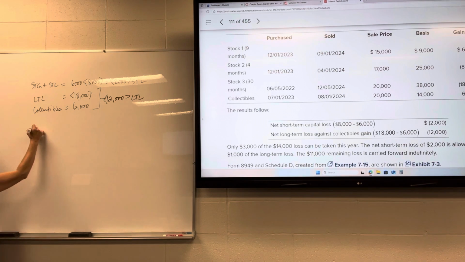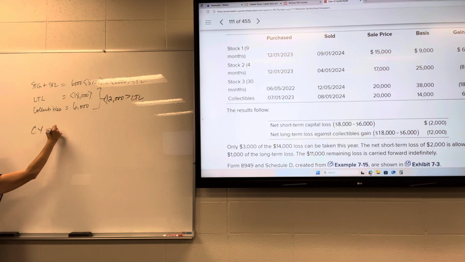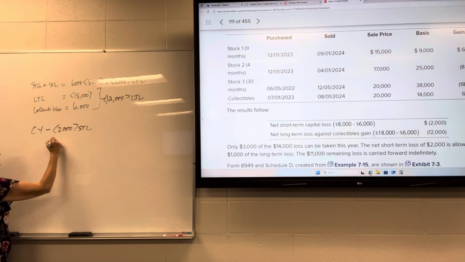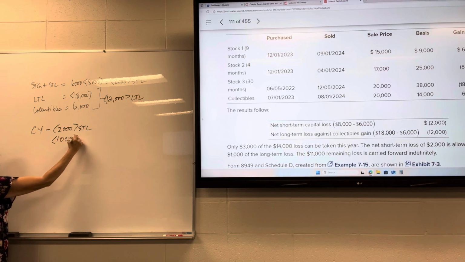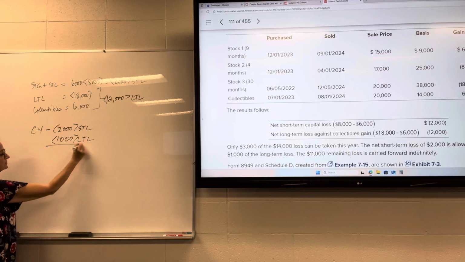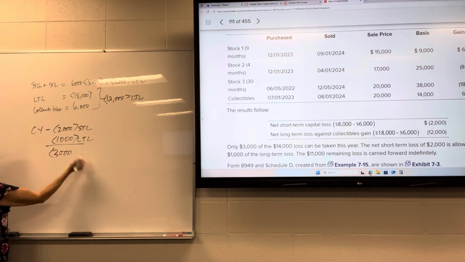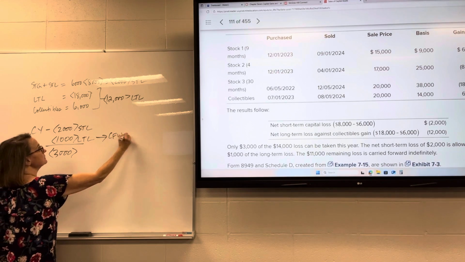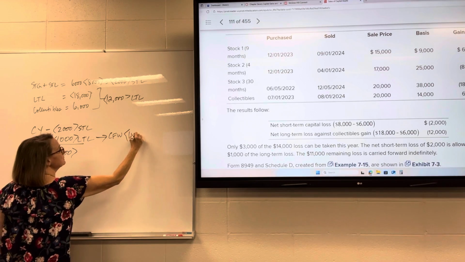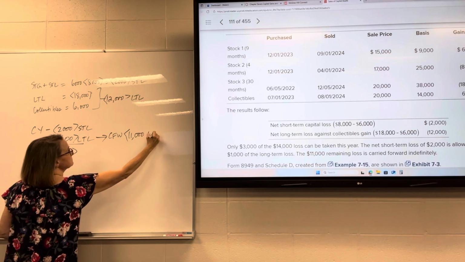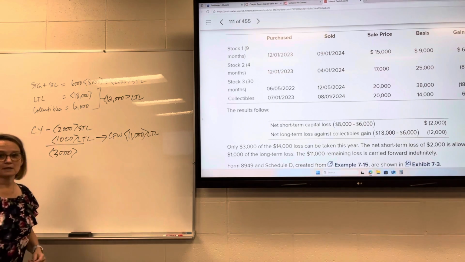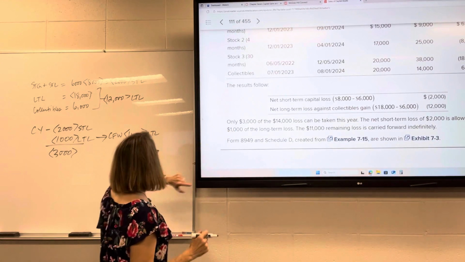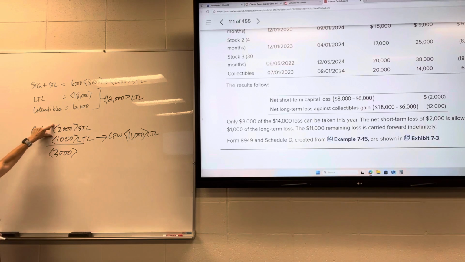What we're going to do in the current year is take the $2,000 short-term loss and we're going to take $1,000 long-term loss. So there's our $3,000. And we're going to have to carry forward $11,000 long-term loss. So we're going to first offset that against the short-term loss.